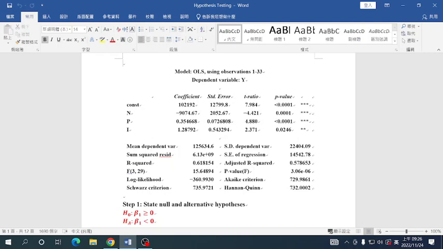Overall test. Okay? Then what I'm going to introduce, which is in our textbook on page 161, is what we call the partial F-test. What do we mean by partial F-test?